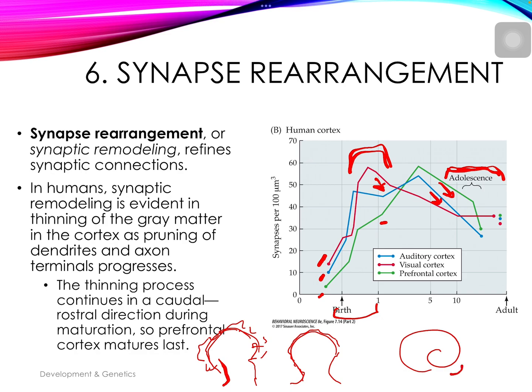So this is the back of the brain, like the cerebellum, where we see this pruning process happen, whereas this is the frontal portion of the brain. The frontal cortex is the last place to develop in the brain. Many people think that the brain stops developing in childhood or early adolescence, but really the brain isn't finished maturing until the early 20s.